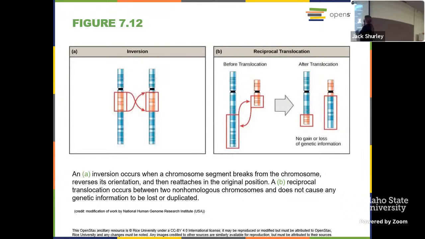So these are the inversions and the translocations. So in an inversion, it's the same chromosome, but we flip-flop it, all right? And the DNA is going in a specific orientation, right? Now we flipped it around backward, so it doesn't make sense. So it's all out of alignment, if you will.